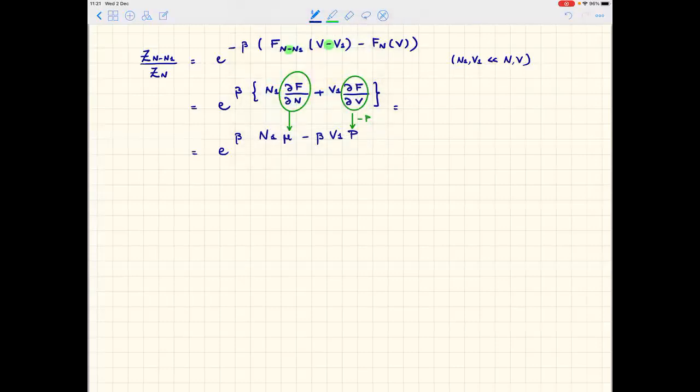All right. So therefore, what I discover if I use this expression is that my probability density is 1 over h to the 3n n factorial, e to the minus beta H, and then I have e to the beta mu to the power n, and then e to the minus beta V times P. So usually people call this expression e to the beta mu the fugacity.